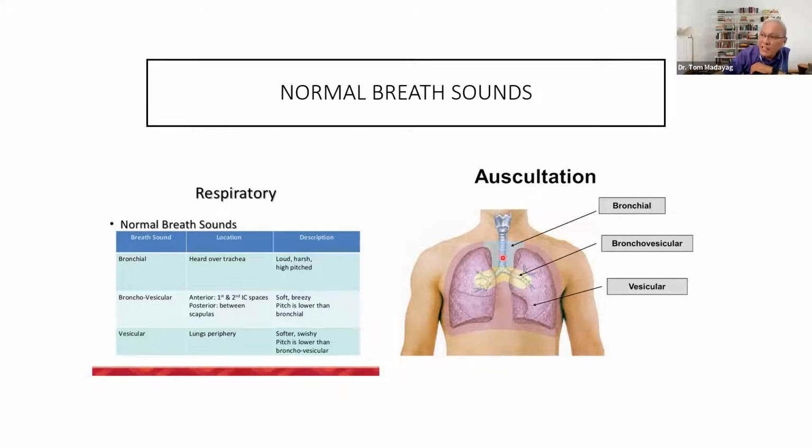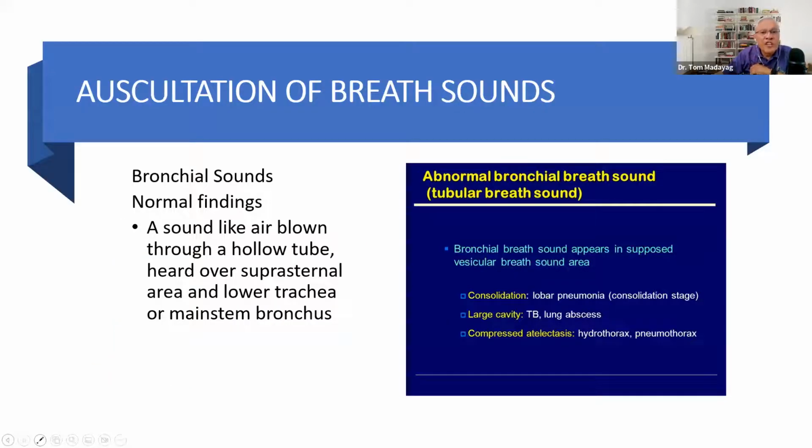Relating it to the anatomical structures, anything from the neck all the way to the second intercostal space is going to be a distinct sound that is tubular in nature. So this is what is known as a bronchial sound. Let us begin analyzing what a bronchial breath sound is. Bronchial breath sounds are usually loud.